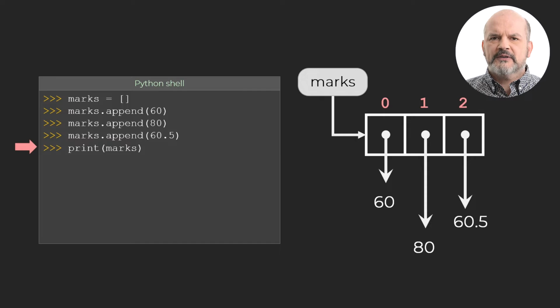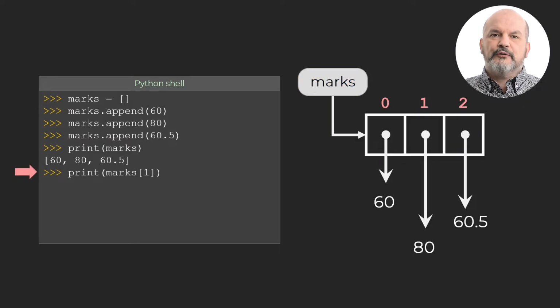The next statement calls the print method on the list marks. When doing so, the interpreter looks for the variable name marks in the namespace, and if found, prints the elements one by one. The following statement calls the print function again, but this time on a single element of the list.